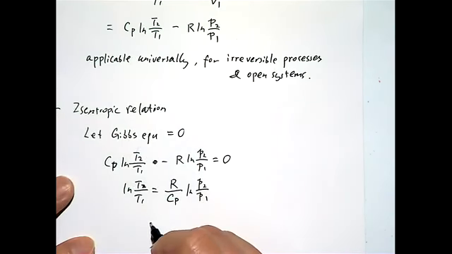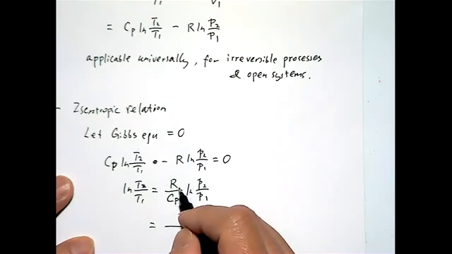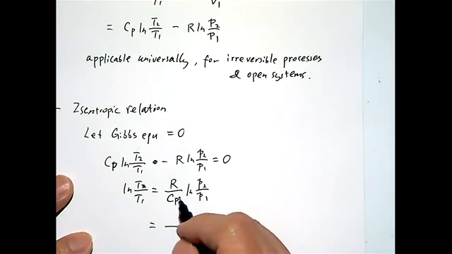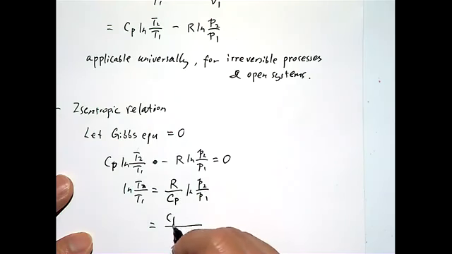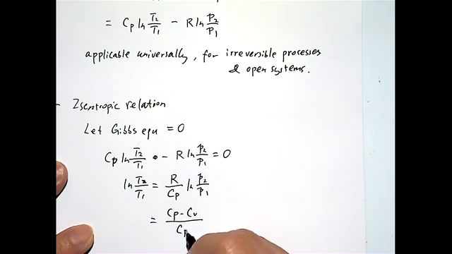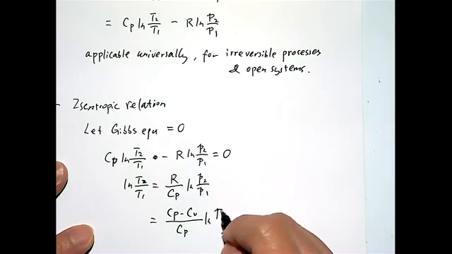The R is the gas constant for the specific gas we're dealing with here. And we mentioned that for ideal gases, R can be written as Cp minus Cv.